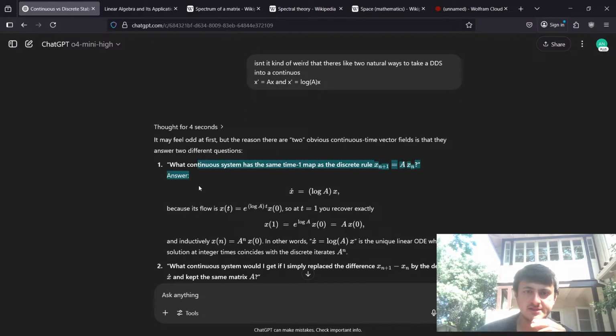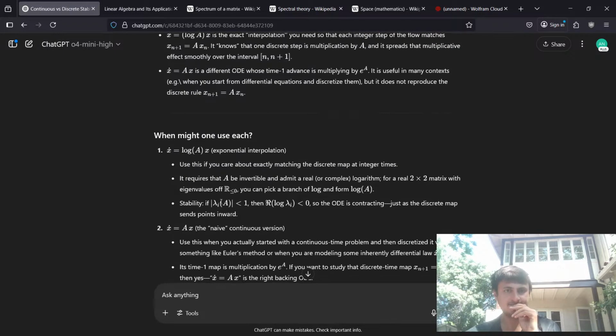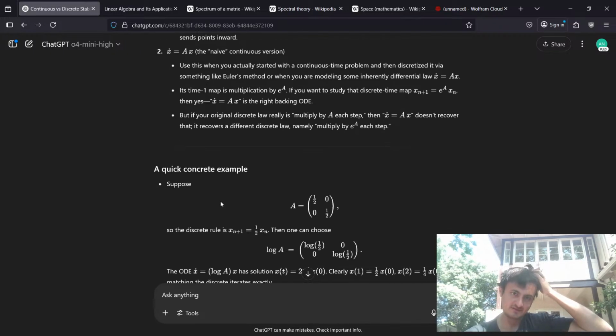What continuous system has the same time one map as the discrete rule? Very interesting.